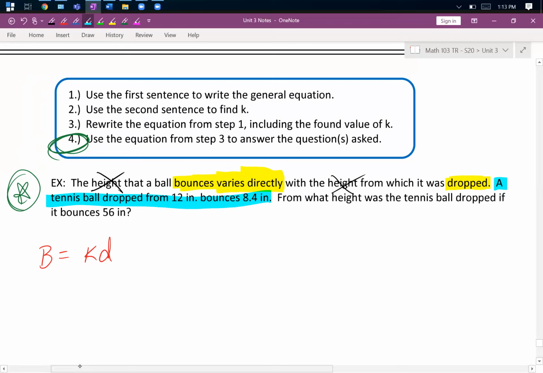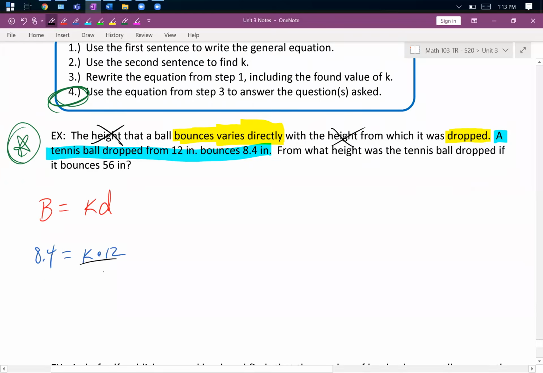So I'm putting 12 in for D and 8.4 in for B, and we're solving for K. Is that 0.7 maybe? Yeah. So now we're taking that 0.7 and plugging it in for K, and we get the equation B equals 0.7D.